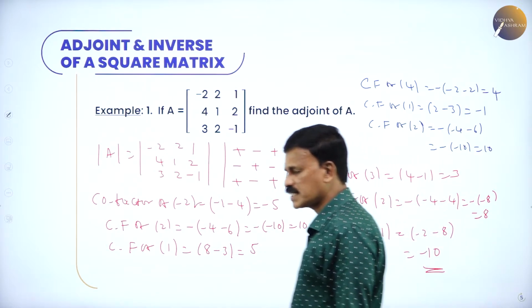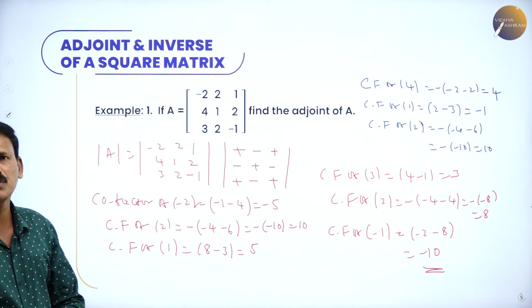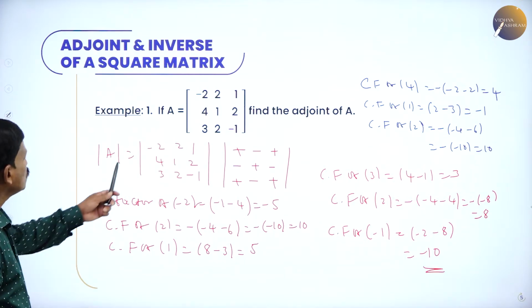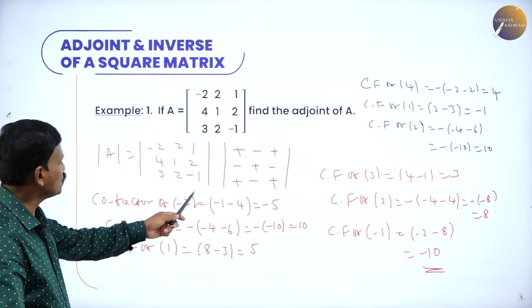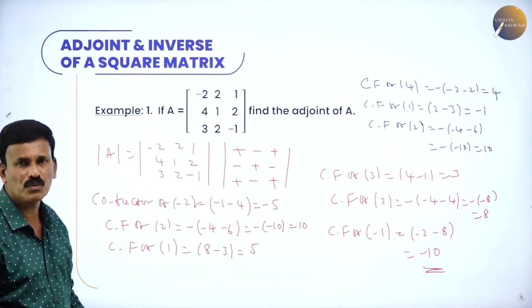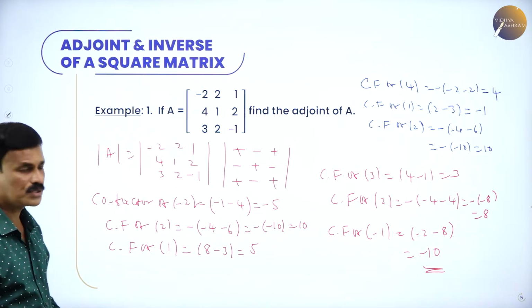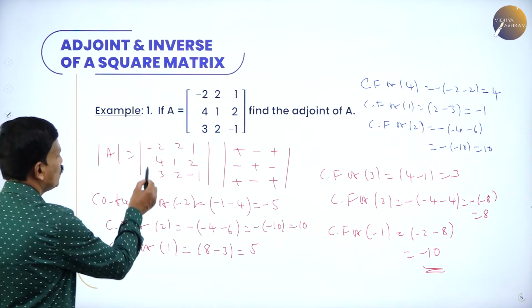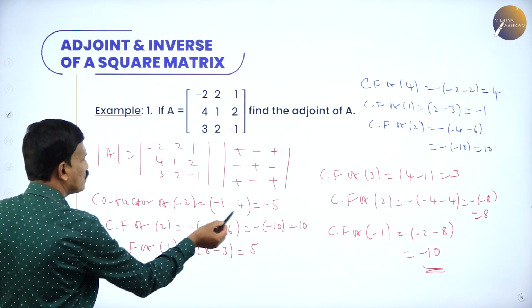These are the cofactors. So cofactors, this is very important. Check. The cofactor of minus 2: if you want you can write 1 2 2 minus 1 and simplify, convert into second order and evaluate it, no problem, but it requires time. So simply wasting time, straight away go to the direct method. So cofactor of this is 1 into minus 1 is minus 1, minus 4 is minus 5.